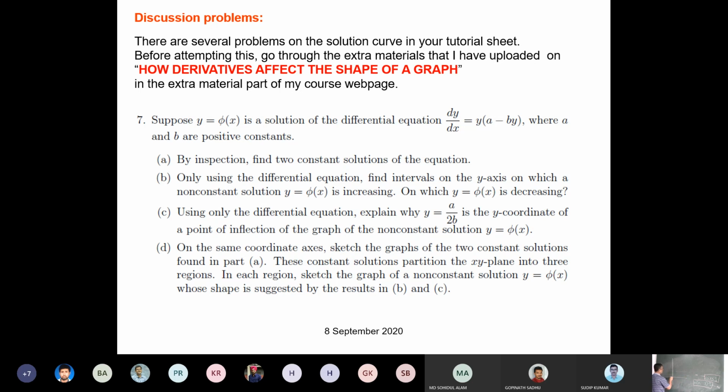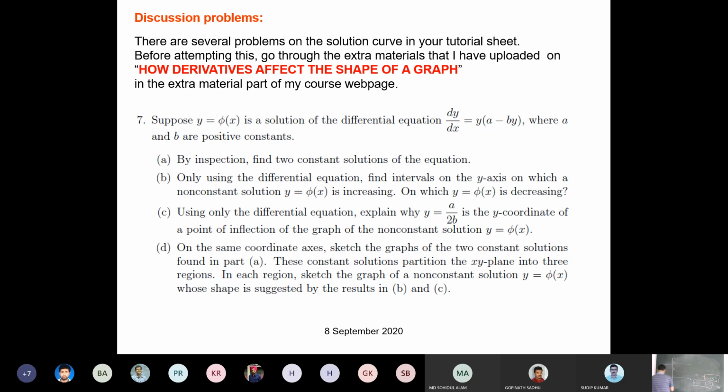Suppose this is 0, of course, this is y, so this is x. This is y equal to 0. This is y equal to a by b. So this point is something like a by 2b. Is it okay? Fine.